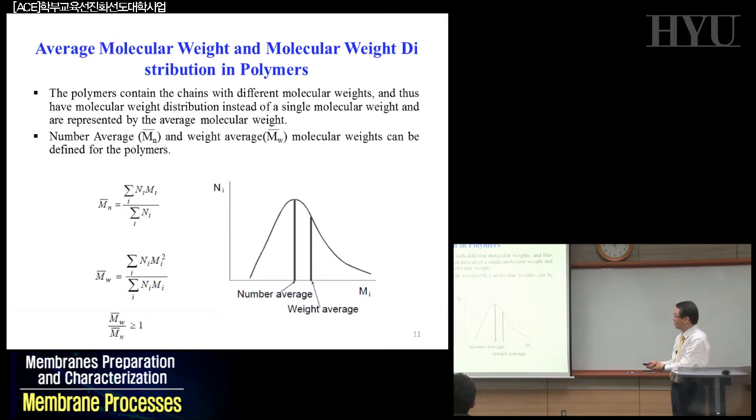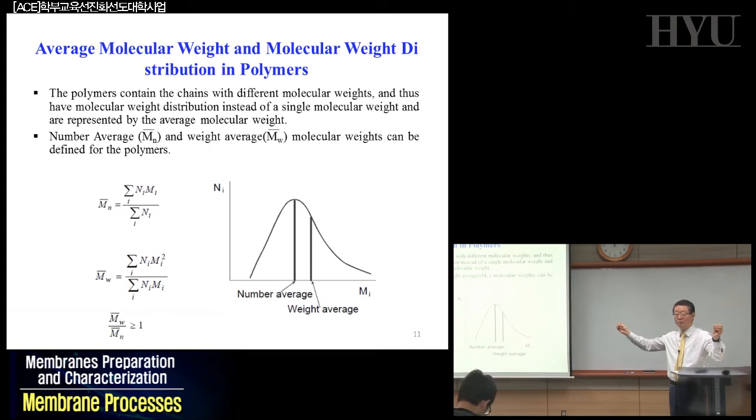Well, molecular weight is defined as an average molecular weight in polymers, because as you have seen, the A and B type of polymer, AAA or BBB or whatever, you have to have a certain chain length, okay?